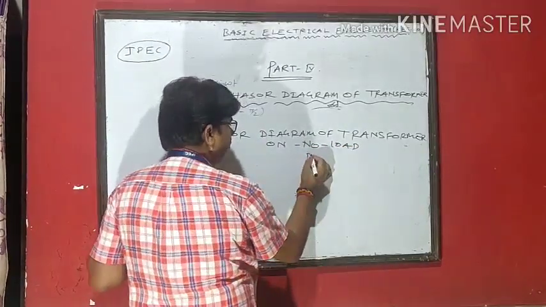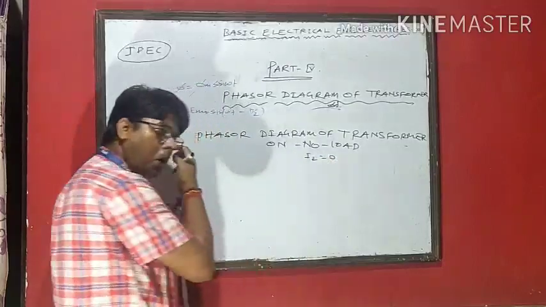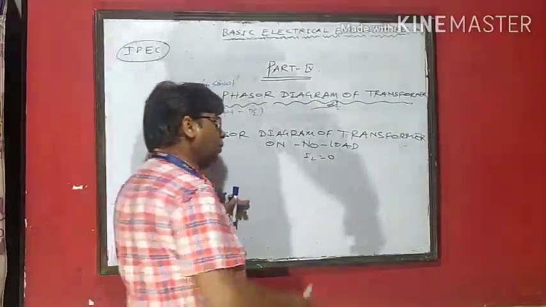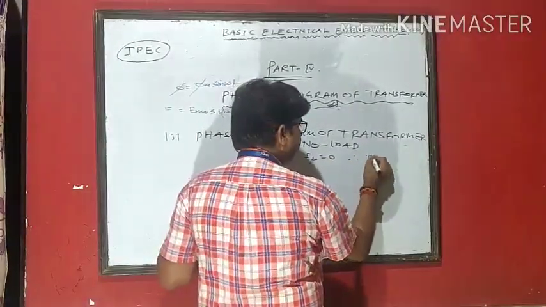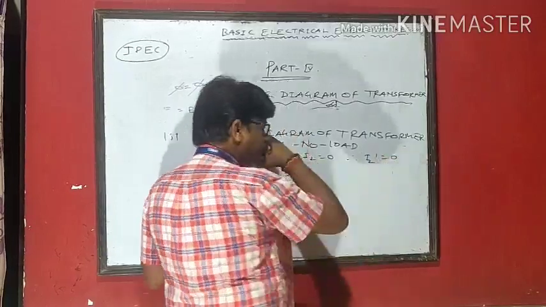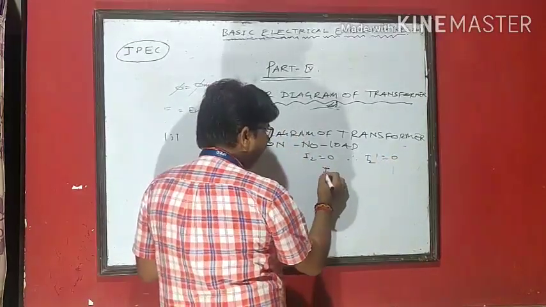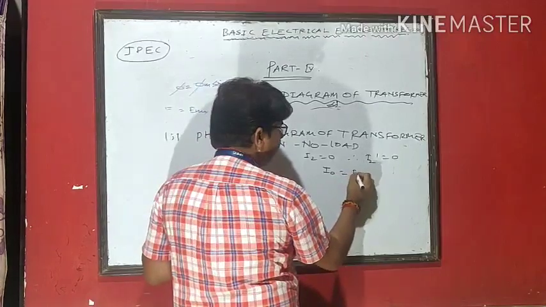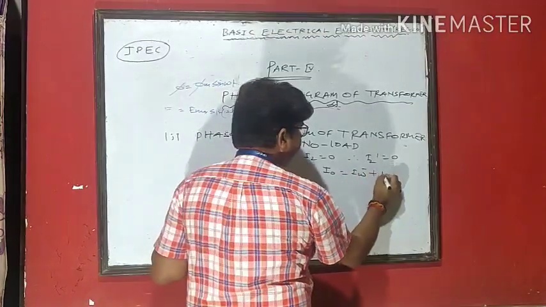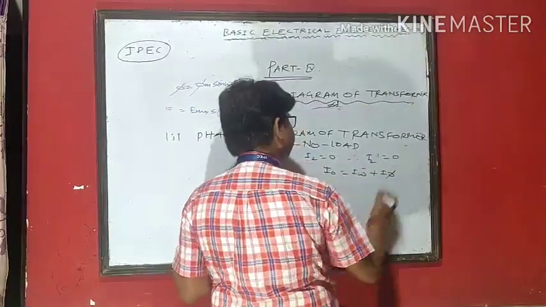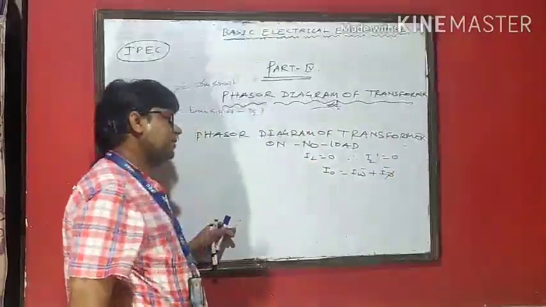That means I2 equal to 0, and therefore I2 dash equal to 0. Then I naught equals only the working component I W plus I phi, the magnetizing component.